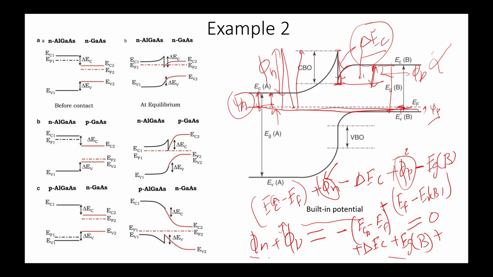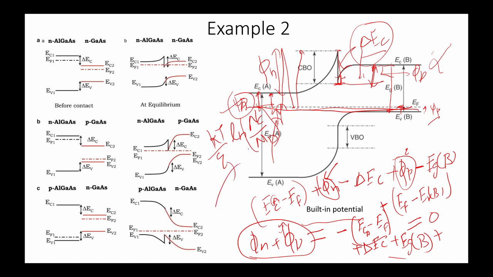So we know phi n and phi p, we know these terms. So EC minus EF is equal to KT by Q into ln of NC divided by ND, the donor concentration. Okay, this is the N type semiconductor.